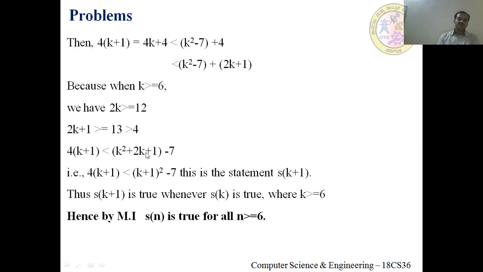It is of the form a plus b whole square, so 4 of k plus 1 is less than k plus 1 whole square minus 7. This is exactly the statement that is required for us, that is S of k plus 1.